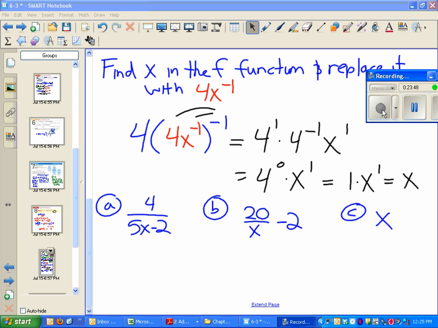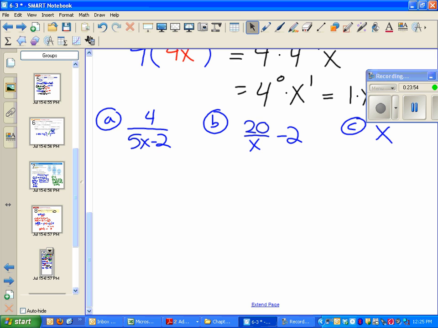Okay, so I wrote our final functions down here, just so it's a little bit more clear when we're finding the domain. So for part A, we're concerned about dividing by 0. So I'm not sure exactly what makes the denominator 0, so I'm going to set it equal to 0. So I have 5x minus 2 equals 0. When I add 2 to both sides, I get 5x equals 2.